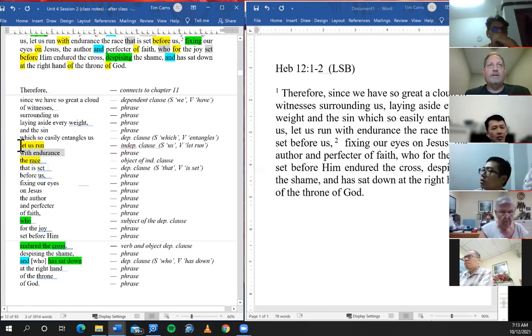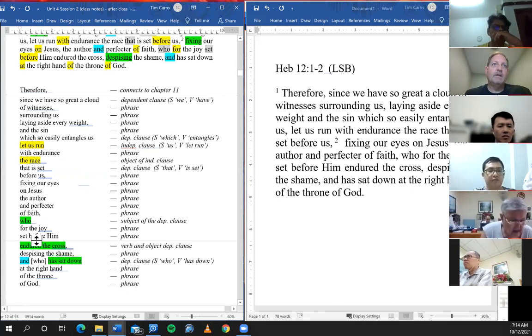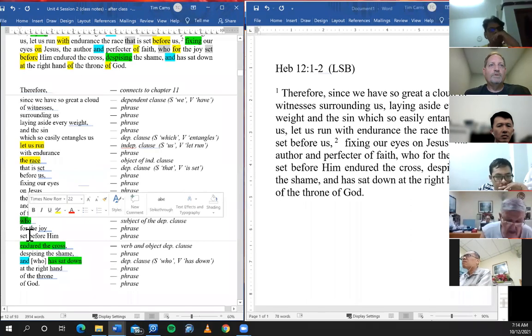We see that with let us run with endurance the race that is set before us. Here, with endurance is a phrase that was inserted between the verb run and the object race. And then we saw it again later in verse 2, who for the joy set before him endured the cross.